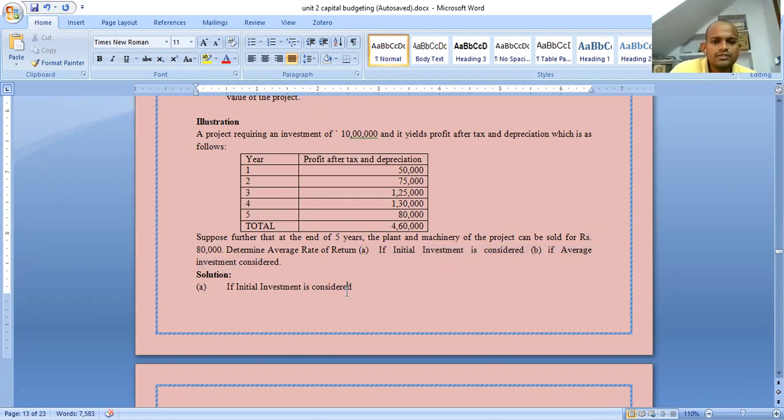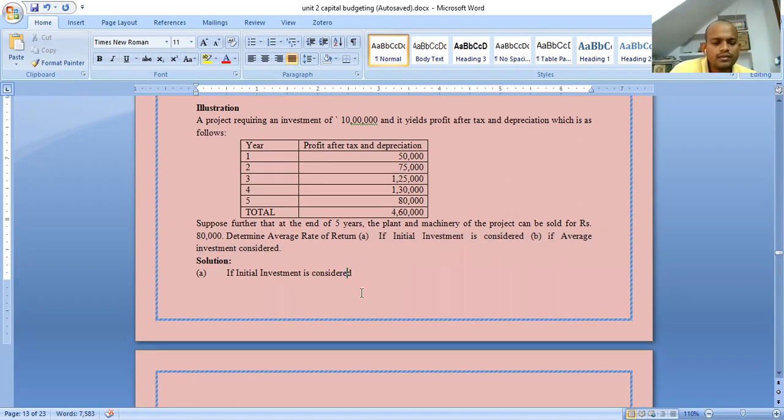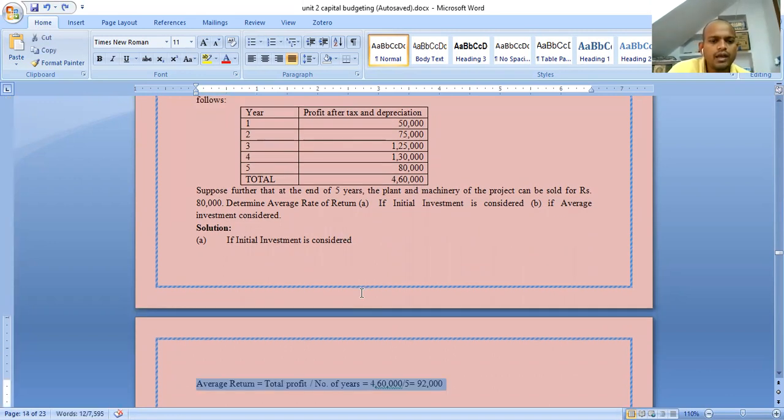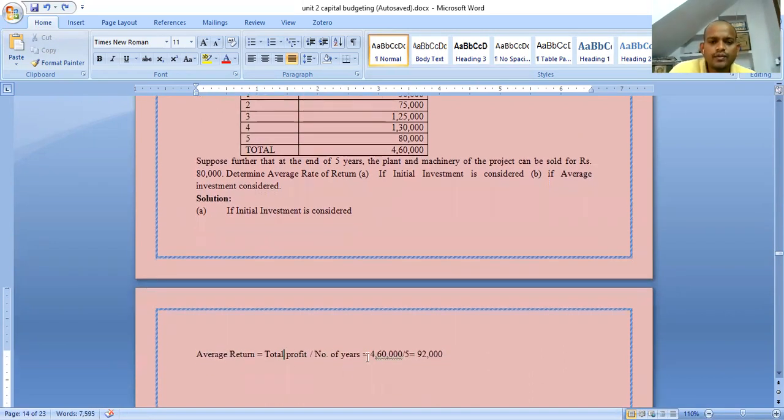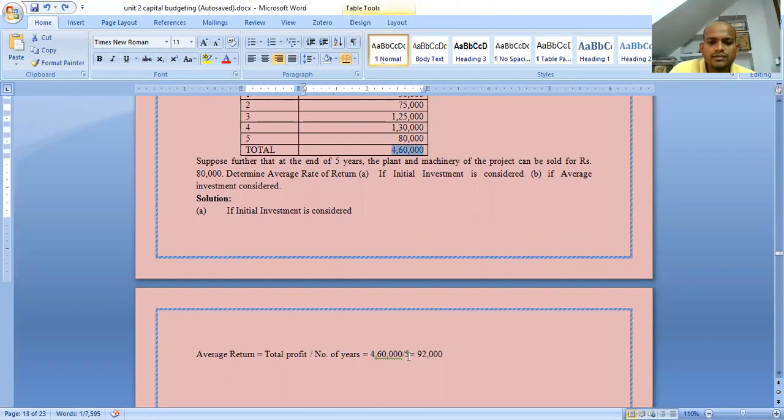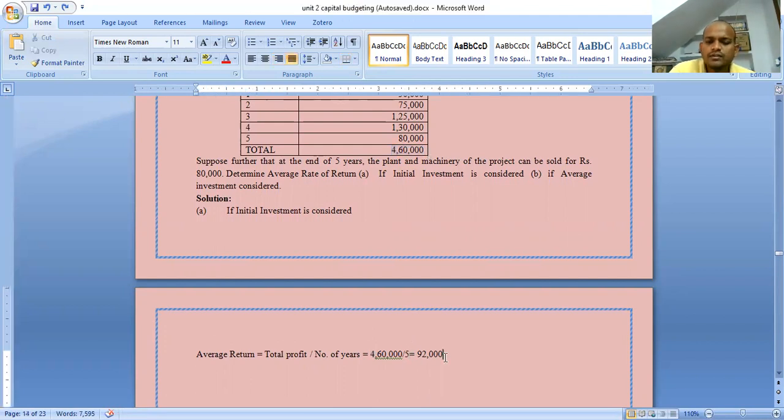If initial investment is considered, the formula is: average rate of return equals total profit divided by number of years. Total profit is 4 lakh 60,000 and number of years is 5. So that is 92,000 average return.